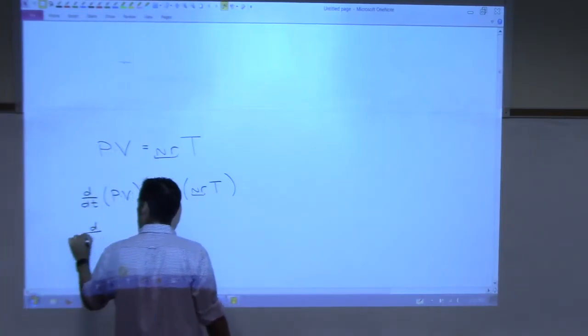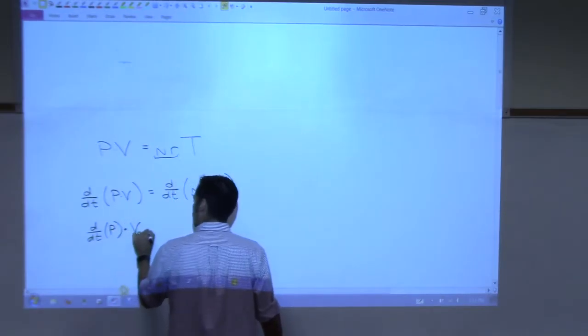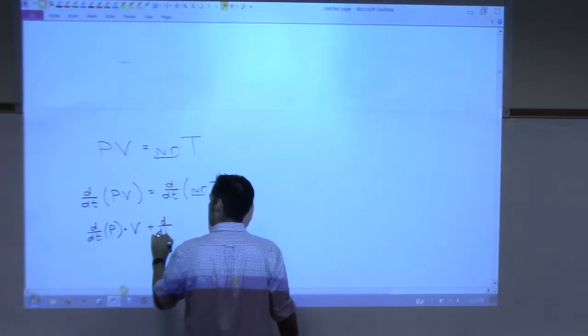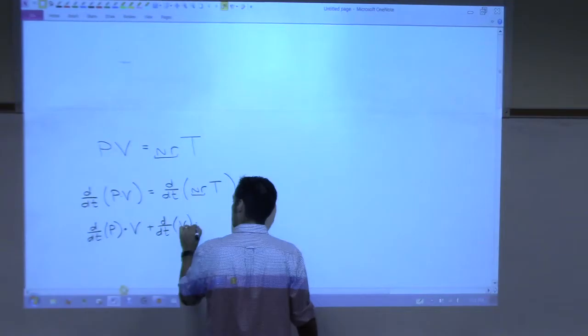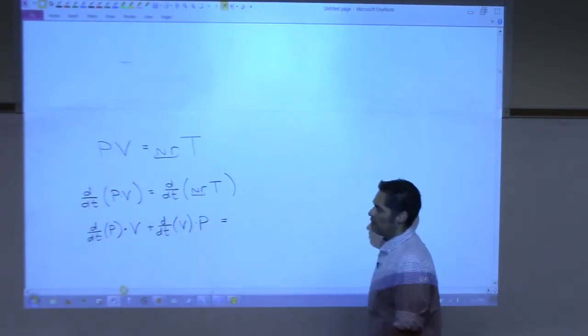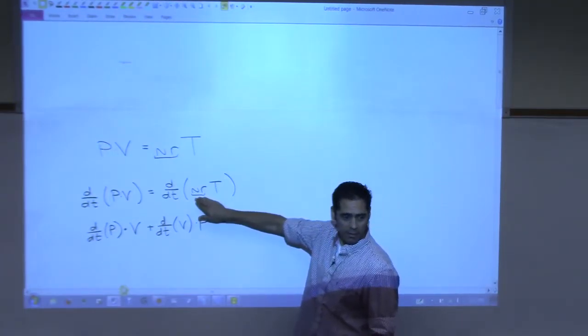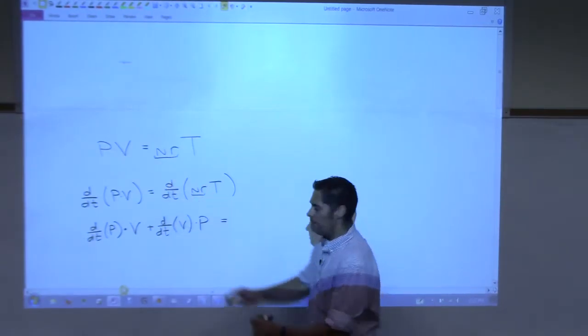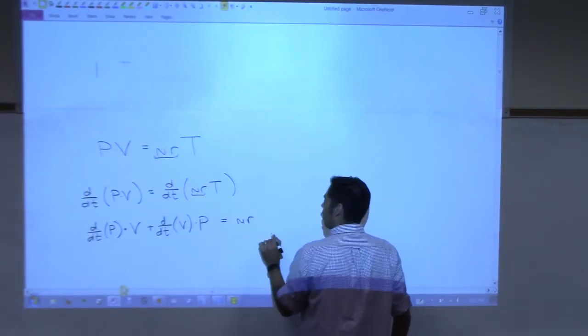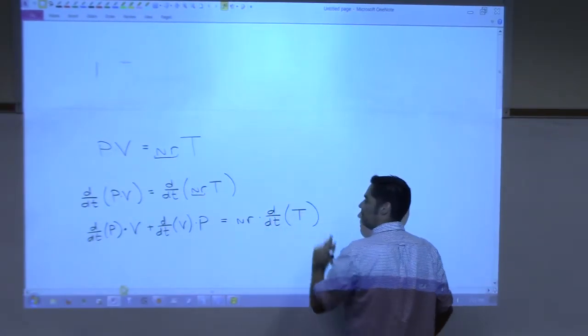Well, it's the derivative of the first one times the second one plus the derivative of the second one times the first one equals. The right side, this is all a constant, right? You don't need the product rule because this is all a constant. It's just going to come for the ride, isn't it? So I'm going to put nR times the derivative with respect to t of capital T.